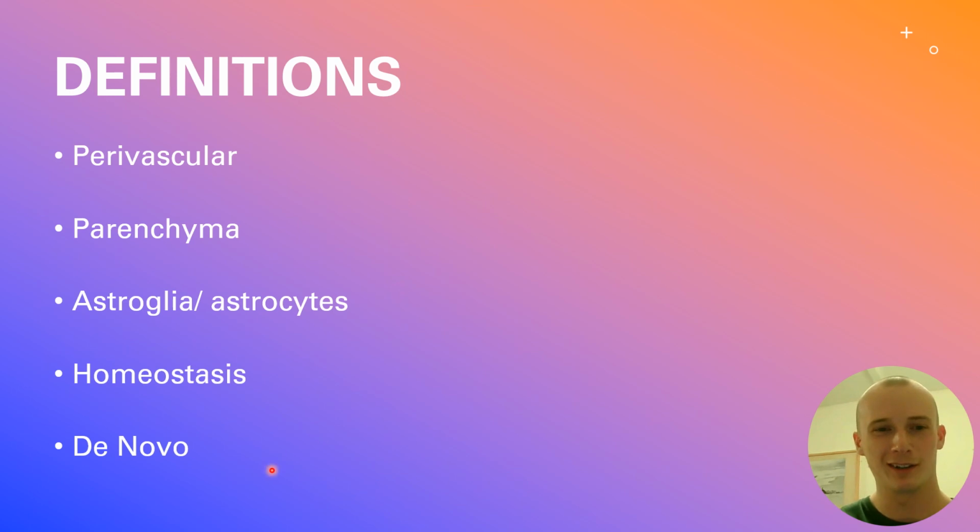And bottom for fun is de novo. De novo is a Latin phrase that translates from the beginning or anew in English. And it's a term that I saw referred to when talking about lipids, especially cholesterol production in the brain.